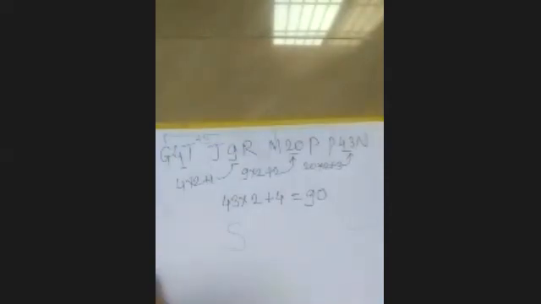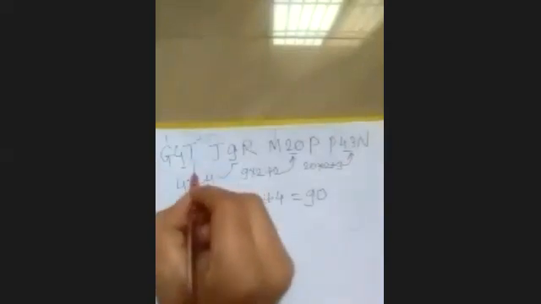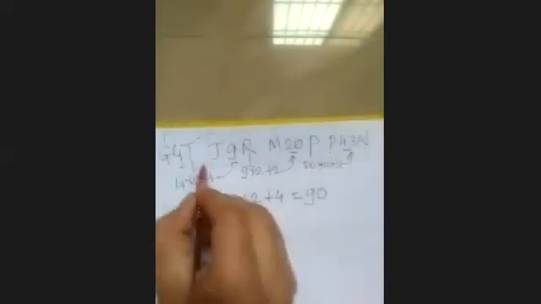Then the next one, P, R, T, and N. So in these, there is relationship of -2. Therefore, N minus 2 must be L. And therefore, here yes, 90 L should be your answer. Right, and therefore option A is the answer. Fine.